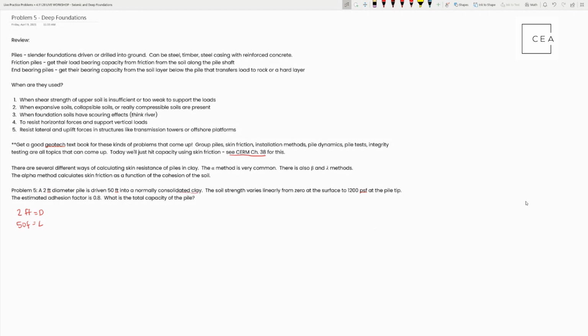The soil strength varies linearly from 0 at the surface, so if we have this thing drawn out, it's 0 at the surface down to 1200 PSF at the pile tip. The estimated adhesion factor is 0.8. So that's what this symbol is, the adhesion factor, alpha. What is the total capacity of the pile?